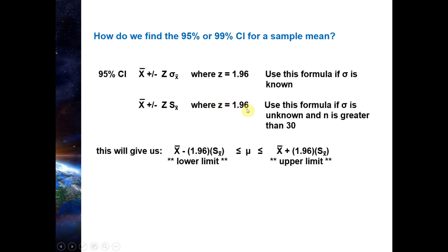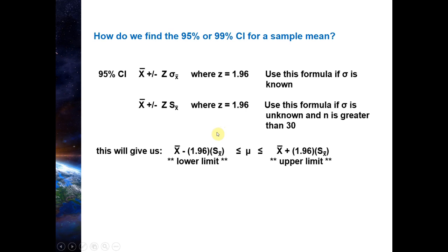Now, why are we using 1.96? You might recall from the chapter on Z-scores that imagine you have this nice normal distribution in front of you. Remember that? Between plus and minus 1.96, what percentage of all Z-scores falls in between those two Z-scores? 95%, right?